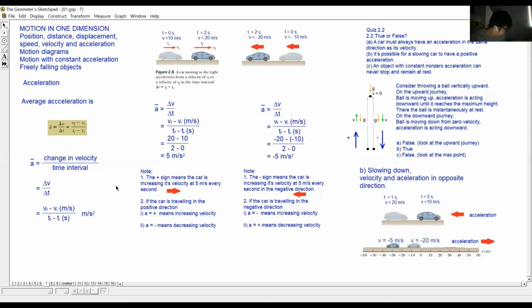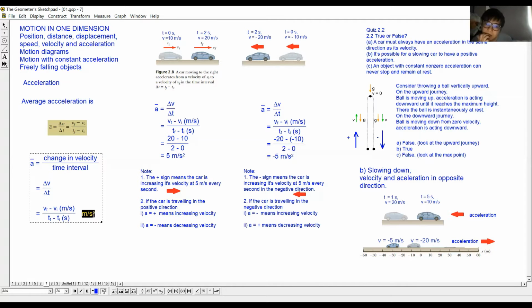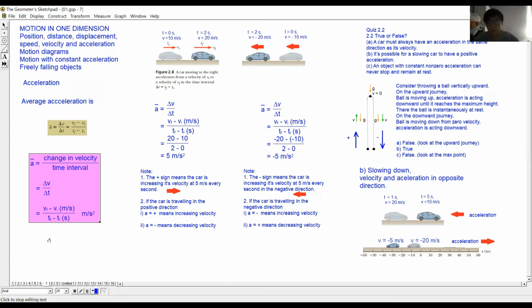Meter per second square can sometimes be written differently. In certain books, they write the unit without the stroke. Most of the textbooks I come across, our local textbooks, write it without the stroke.